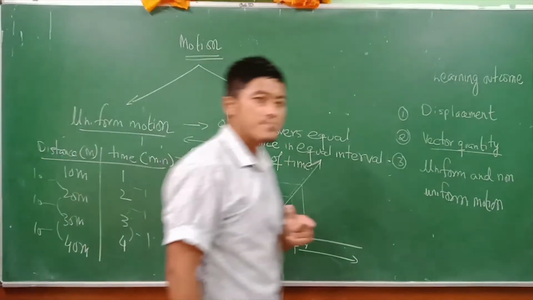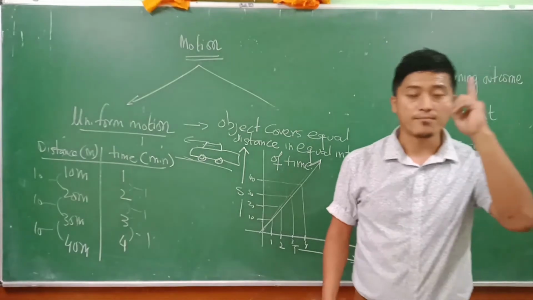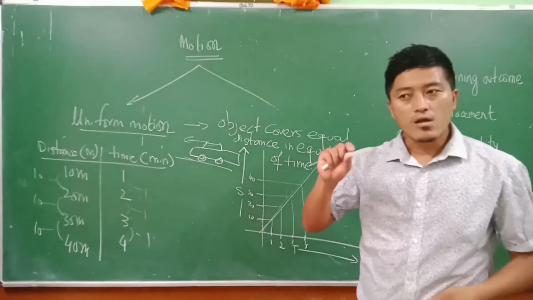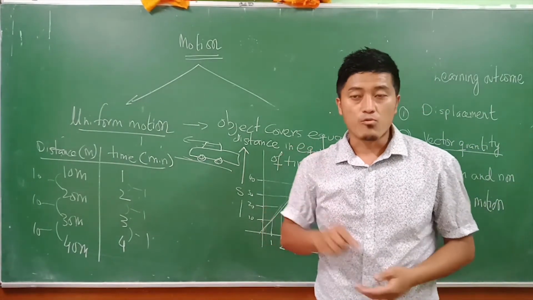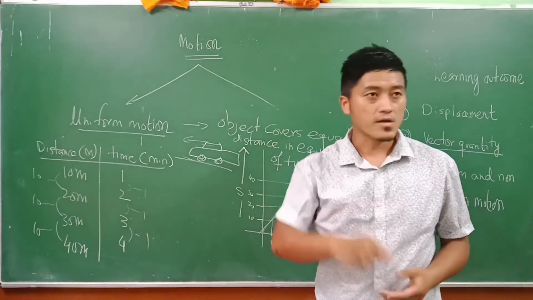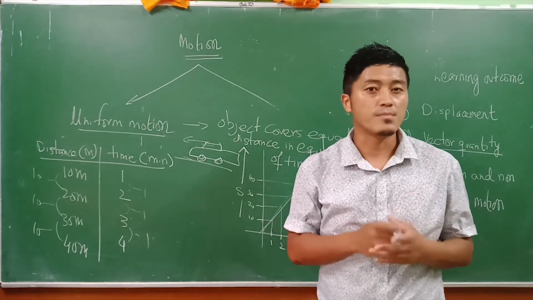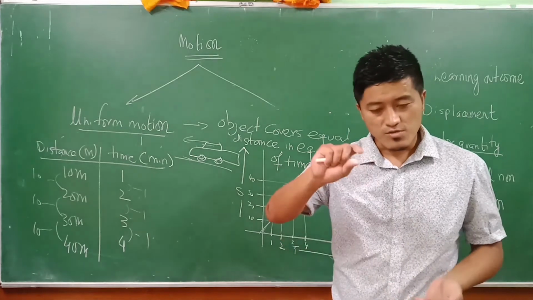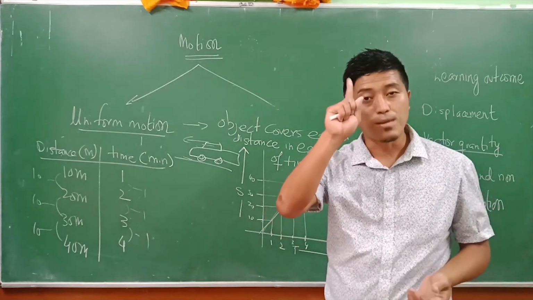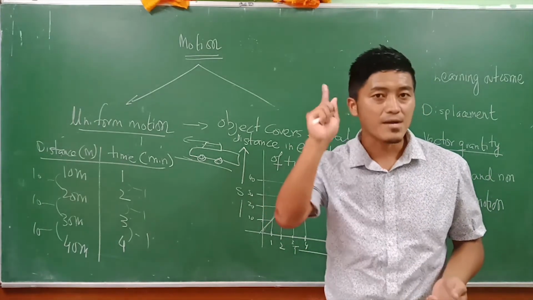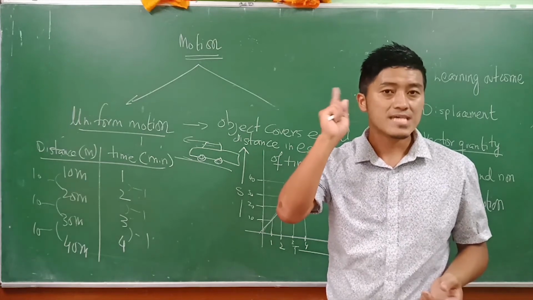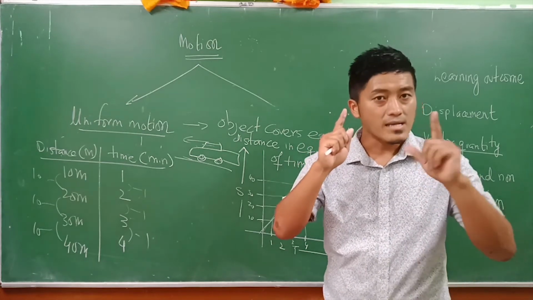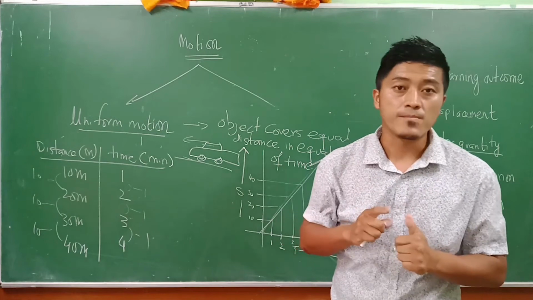I will give you one example. The one example is a fan. Whenever we are switching on the fan, we see numbers 1, 2, 3, 4. Suppose you put the fan on number 2, then the blades of the fan will move at the same kind of speed, unless and until you increase to number 3.